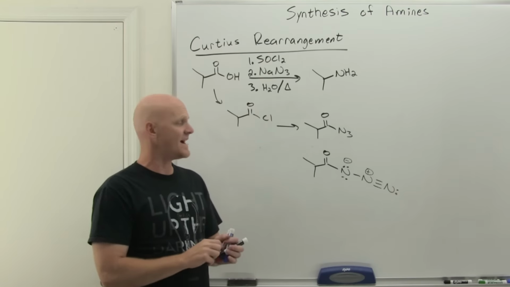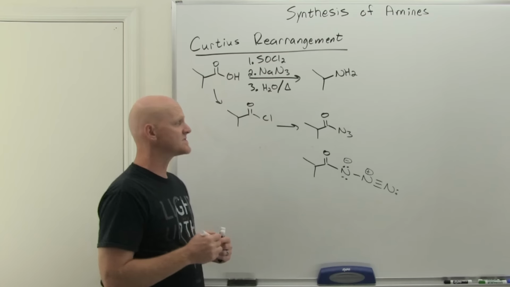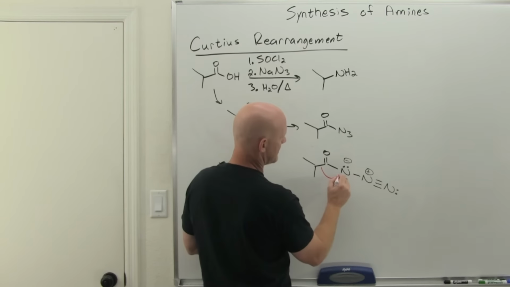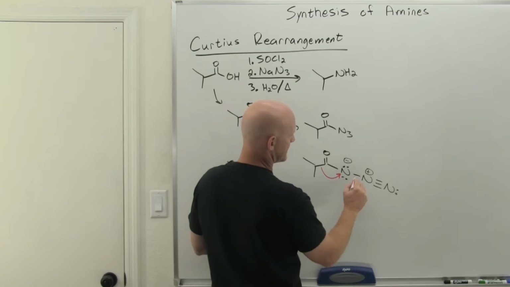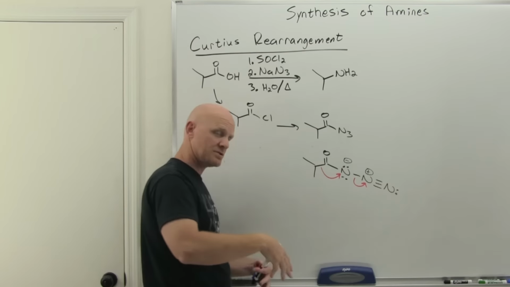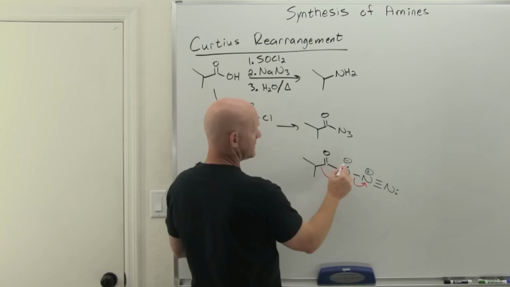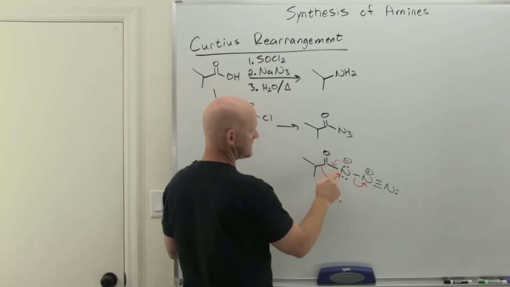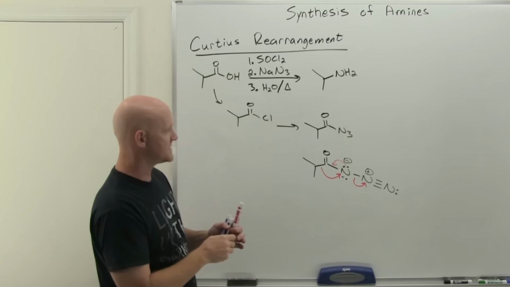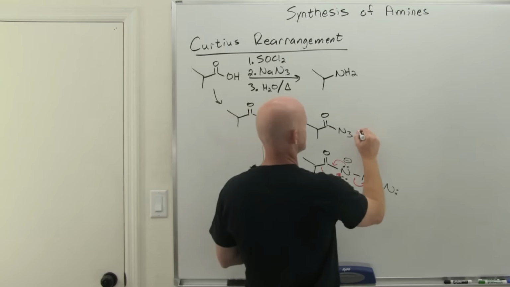In this case, what's going to happen is a similar rearrangement to the one we saw with the Hofmann rearrangement, and this carbon's going to end up bonding to this nitrogen over here. To make room for that, we're going to break that bond, and this is where nitrogen gas forms and bubbles away. Then we'll also come back here and have this guy form a double bond to the carbon that's double bonded to the oxygen, which is where you form your isocyanate.